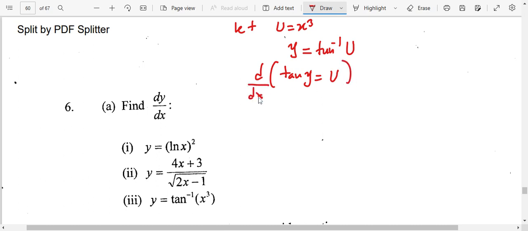I wanted to say d over dx, but we don't have any dx here. We can just say that d over dx. In other words, we are just finding the derivative of everything. What is, if you differentiate tan, what do you get?